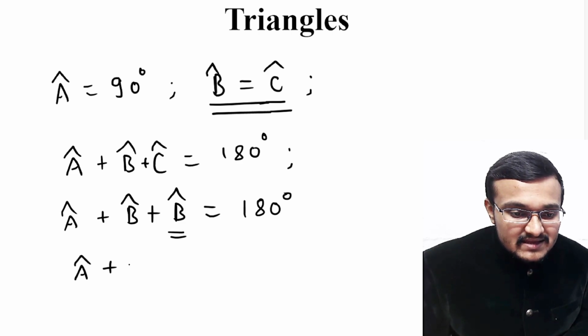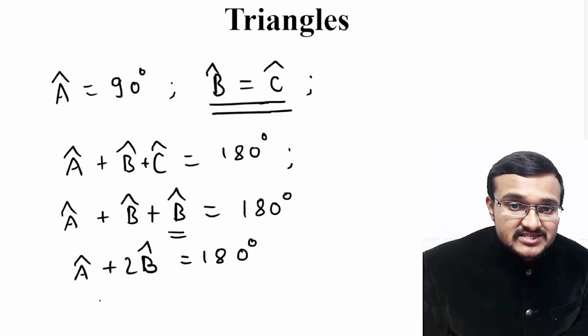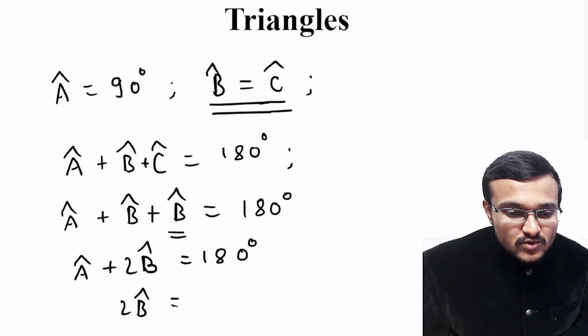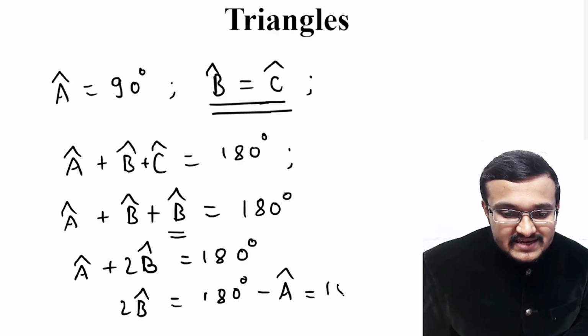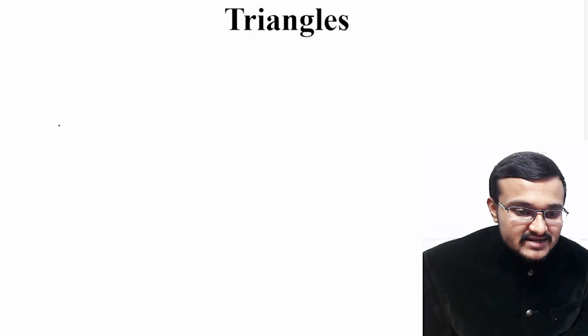So angle A plus 2 times angle B, because B plus B is 2B, is equal to 180 degree. Now 2B is equal to 180 degree minus A. A is 90 degree, so 180 degree minus 90 degree will give you 90 degree. So 2B is equal to 90 degree.